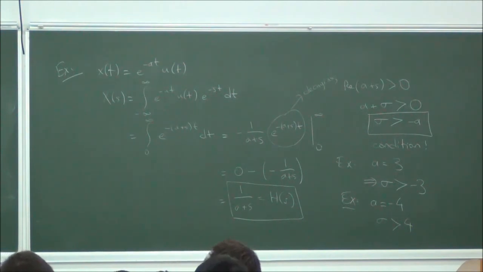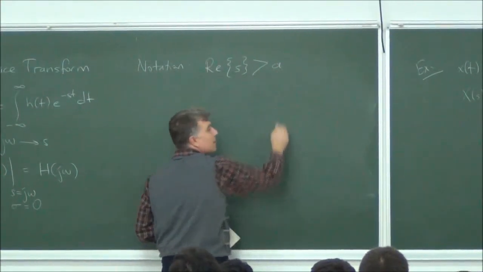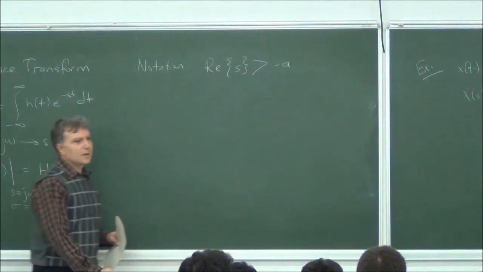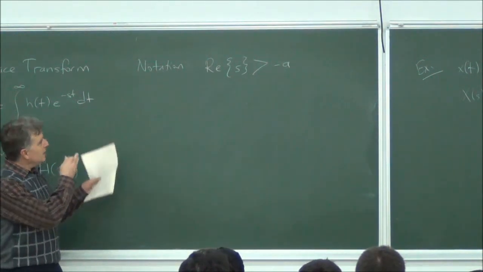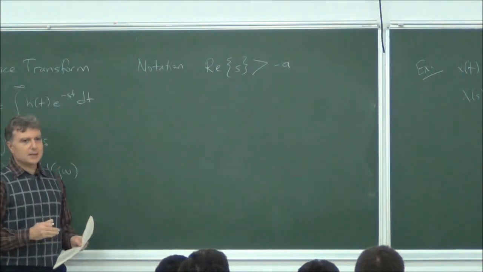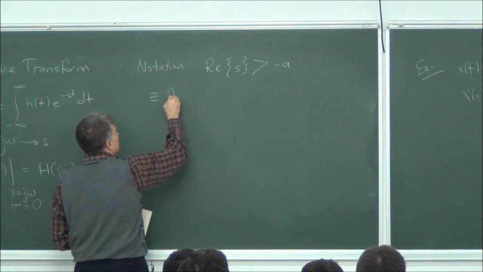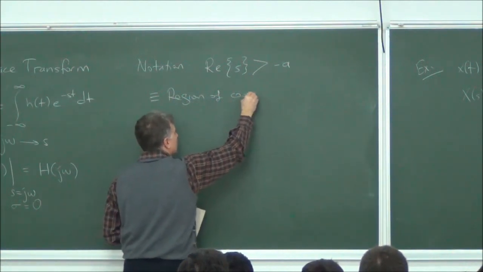They say real part of S is greater than minus A for this example. So don't use sigma. Say that real part of S is like this. That is also known as the region of convergence.